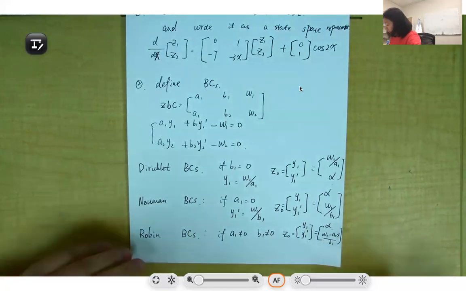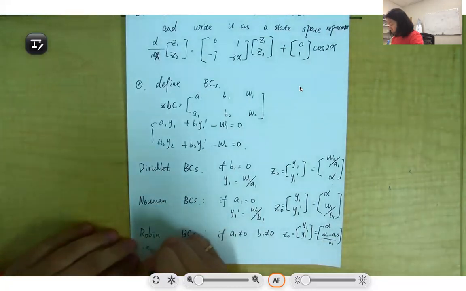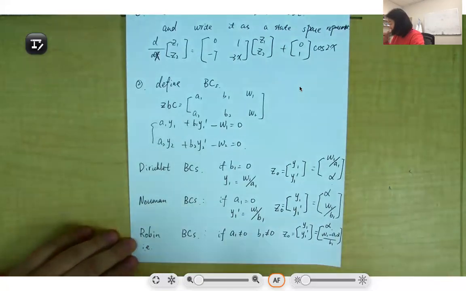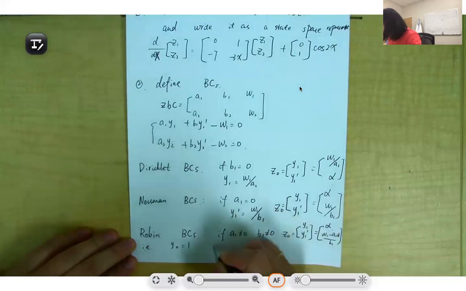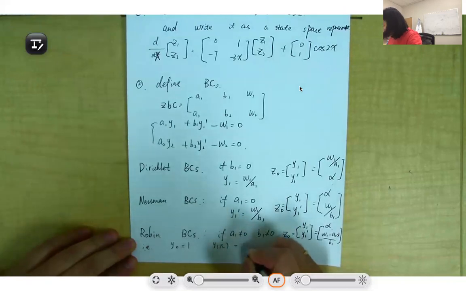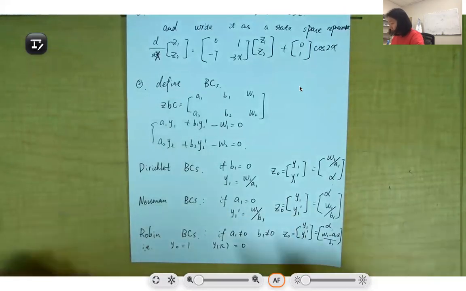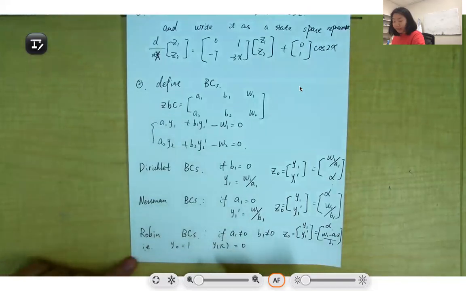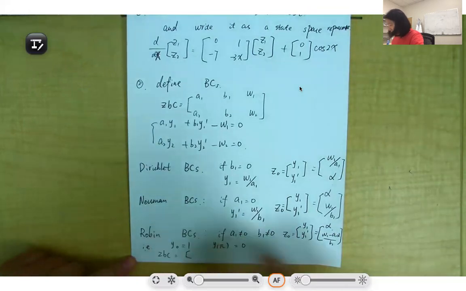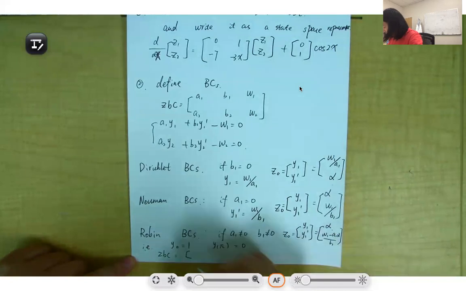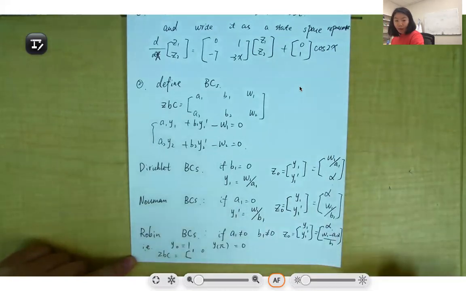For example, our boundary conditions for this example are y naught equals 1 and y pi equals 0, right? How do you write the ZBC matrix if you have y1 and y2? You have y1 and no y1 prime, so B1 will be 0.